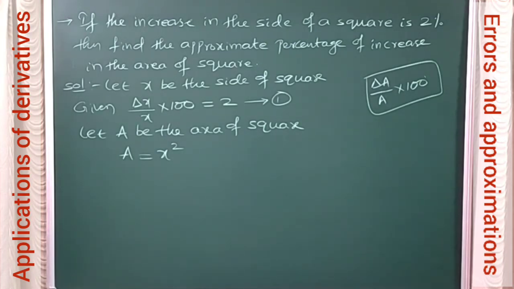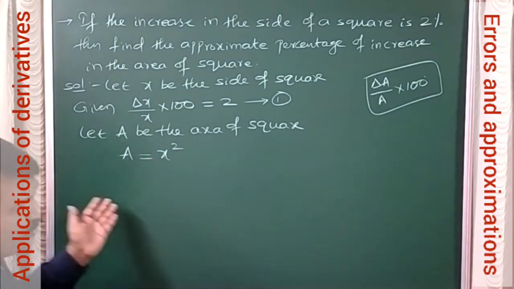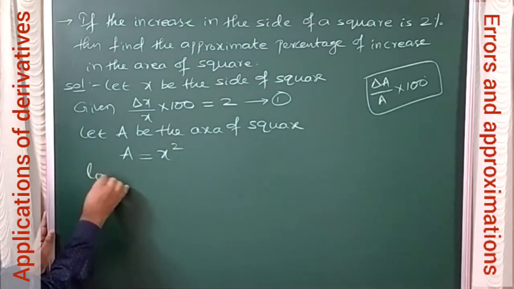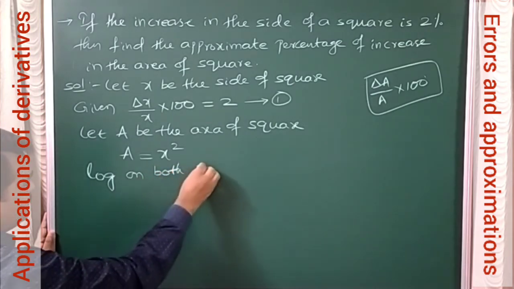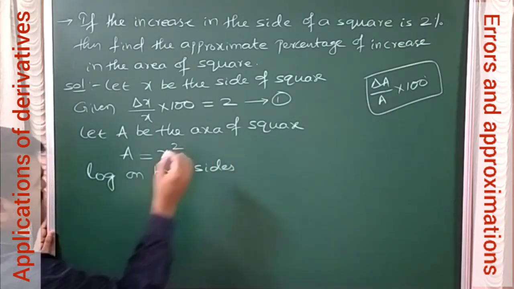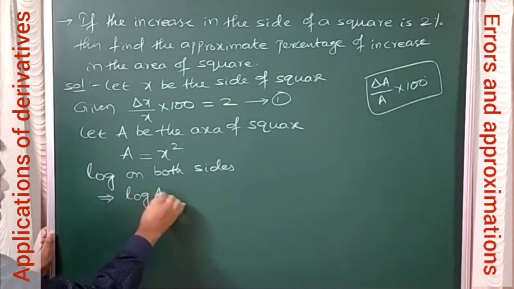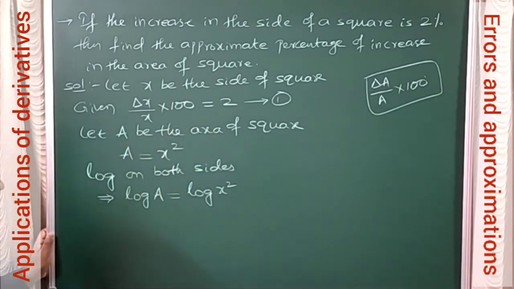Therefore, to get that value, first let us take log on both sides. Directly you cannot get delta A by A. So the technique to get that value is to take log on both sides. Log A is equal to log x square.